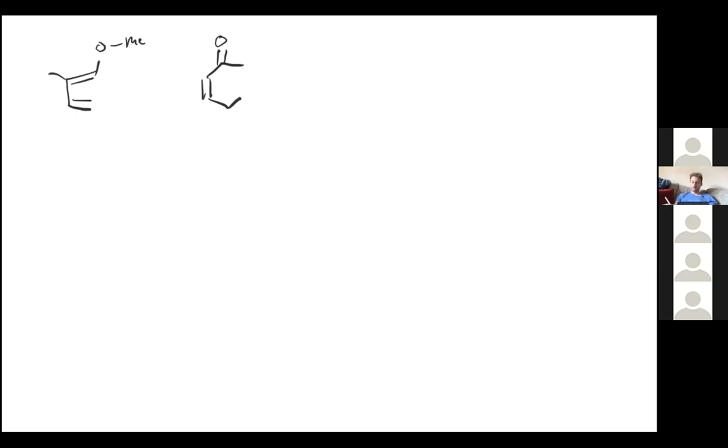Technically speaking, there are 2 or 4 different products you can get out of this reaction. Our first one would be a normal major product where we would get basically just as it lines up. OMe gets pushed down because it's on the outside. This is considered an endo product.